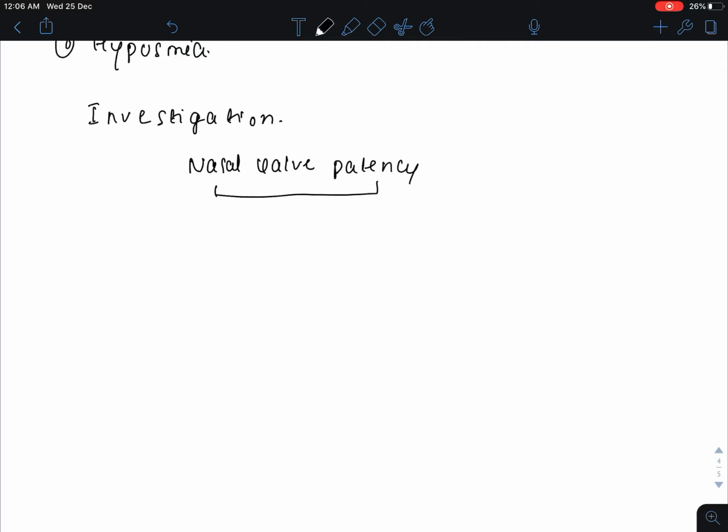The checking of the nasal valve patency is by Cottle's test. So now what is Cottle's test? In this test the patient pulls the cheek upward and laterally. By doing this the nasal obstruction is relieved.